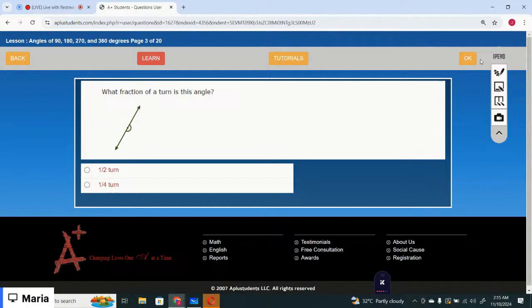Which is the correct option? That is half turn, right? Option number 1 is the correct option. Very good. That is half turn.